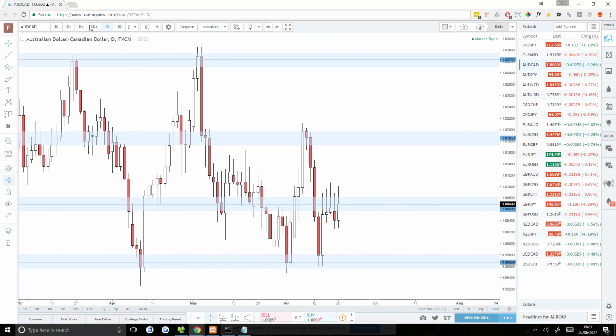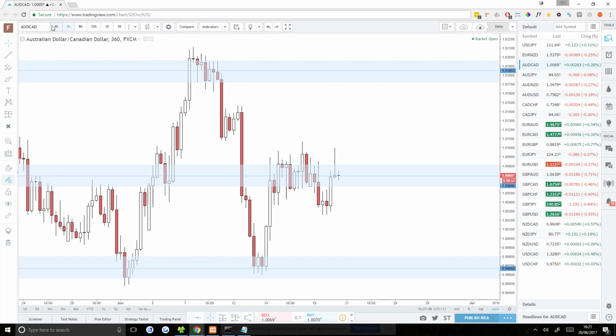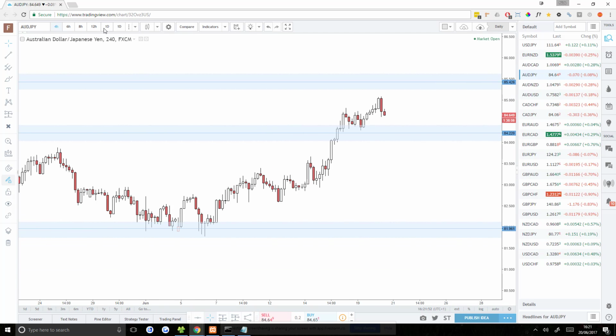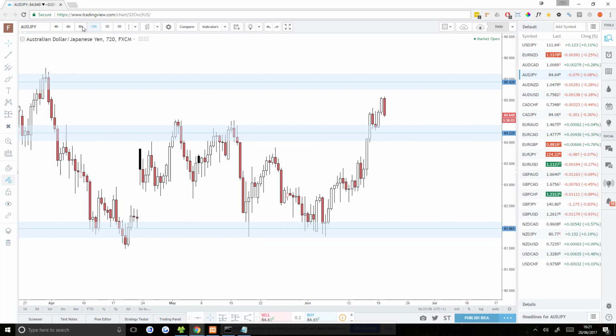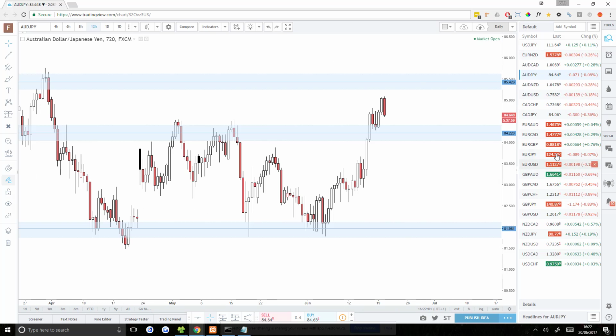All right, AUD-CAD. What's going on with AUD-CAD? Just stalling on resistance, nothing much. AUD-JPY. Right, AUD-JPY is sinking back down after breaking through a strong resistance area.